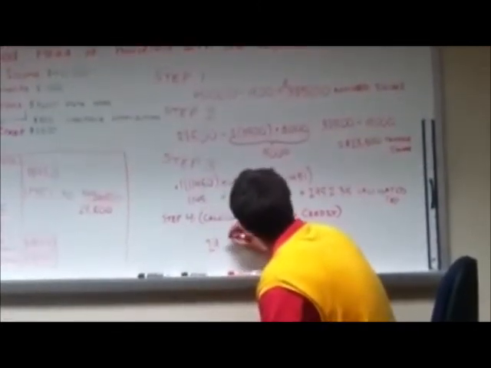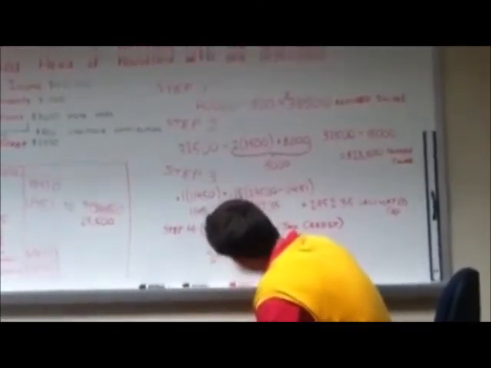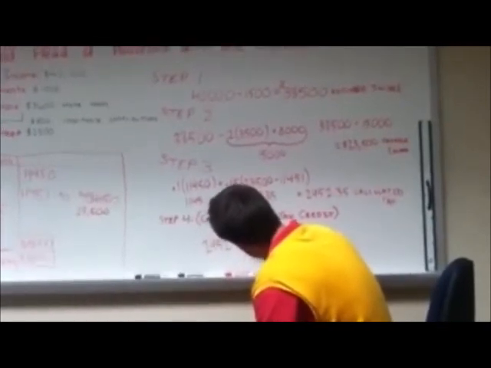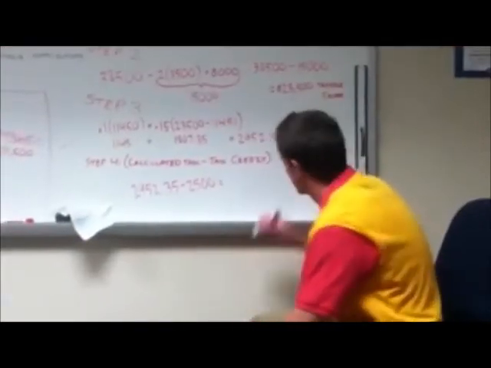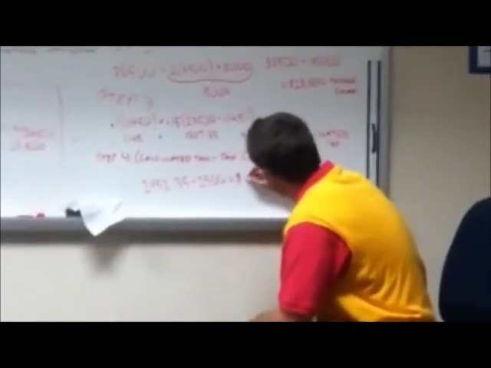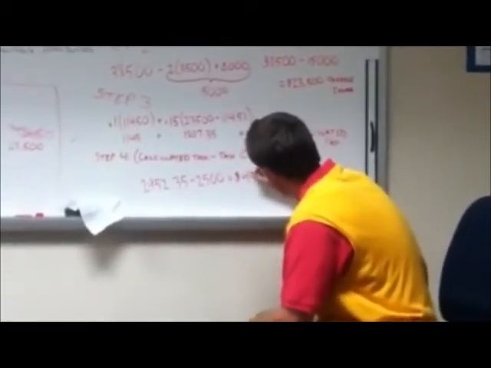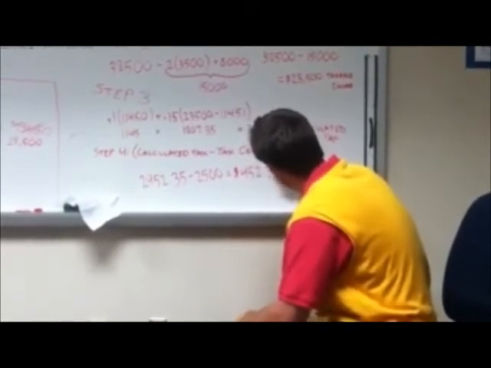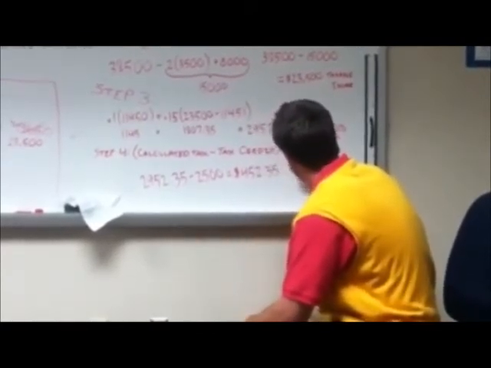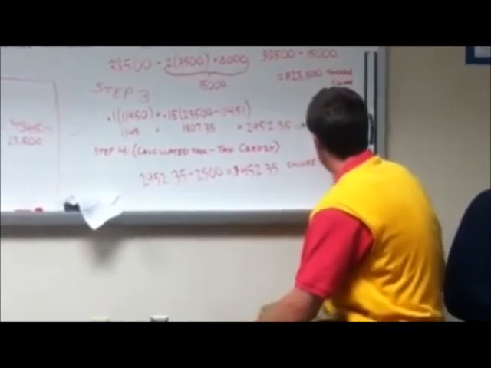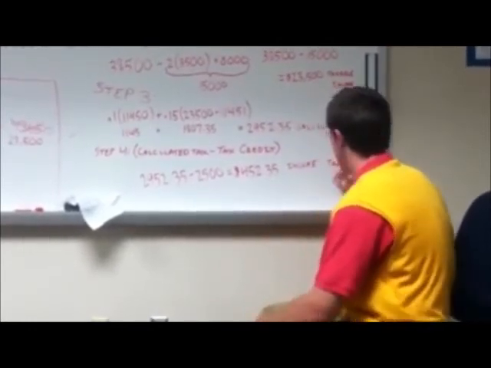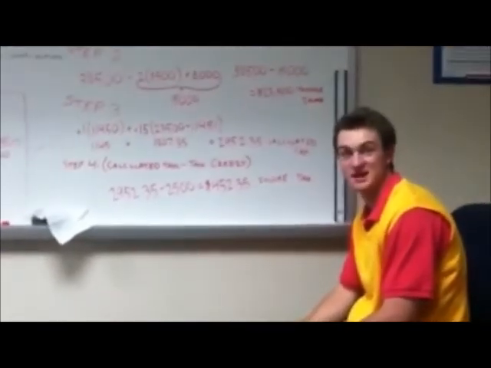So it's the $2,952.35 minus $2,500, which is $452.35, which is total income tax of the entire problem. And that is how you do your taxes.